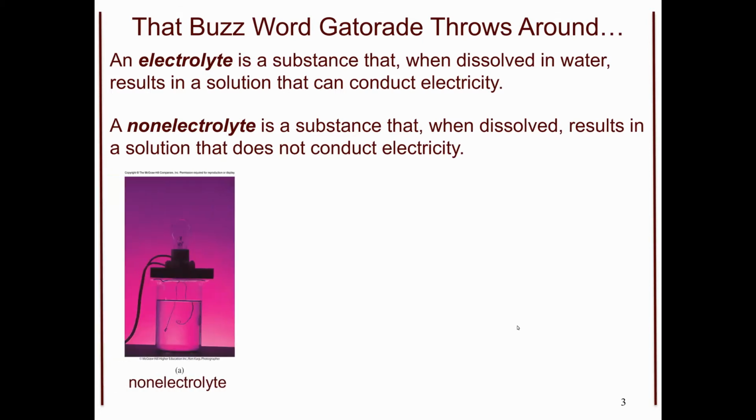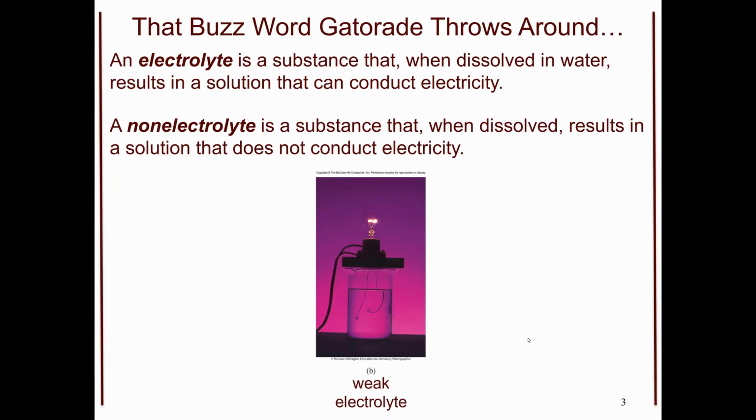So here you can see what a non-electrolyte looks like and behaves. Here is what you think is a clear colorless solution, but it actually has a solute in it. But if we pass an electrical current through it, it doesn't complete the circuit because it doesn't have ions to pass that electricity. Then we have weak electrolytes. This means that they dissociate part of the time, so now we're going to have some ions in solution.